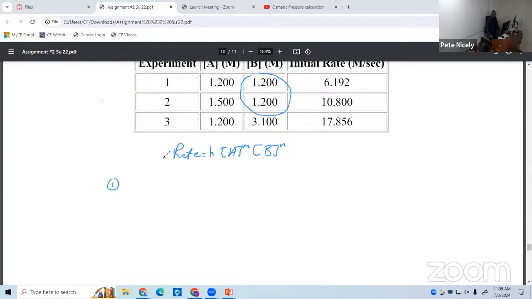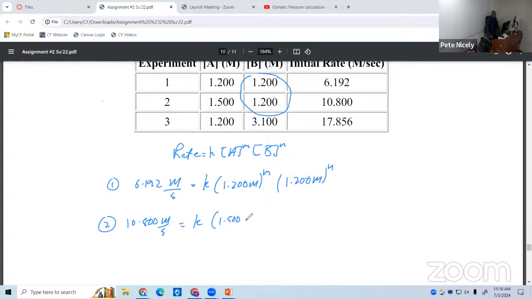So for experiment 1, the rate, which is 6.192 M/s, is equal to K times 1.200 M raised to the M times 1.200 M raised to the N. And then I'll do the same thing for experiment 2: 10.800 M/s is equal to K times 1.500 M raised to the M times 1.200 M raised to the N.